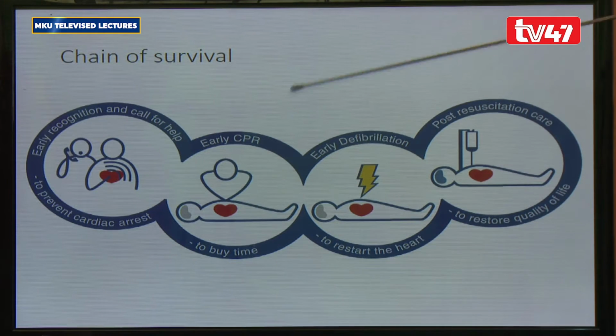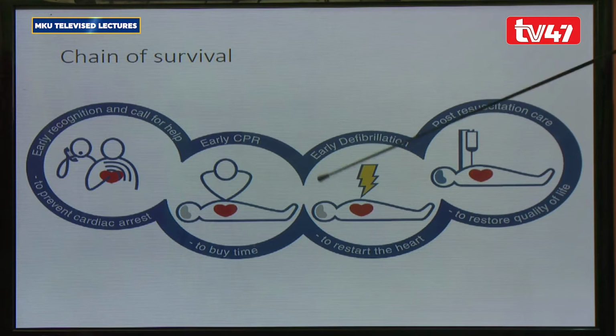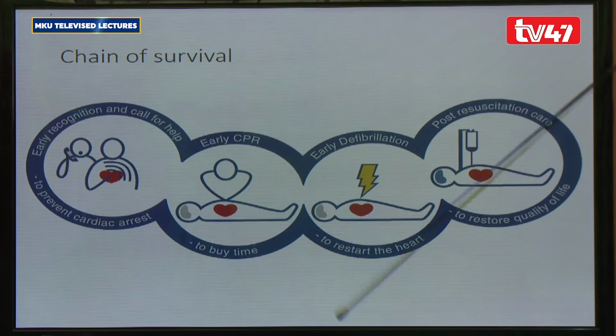The third circle involves our key focus, our organ of pumping blood, right? The heart. How best can we sustain cardiac activity? And that involves defibrillation. If there's a trained medical provider, are they able to come on board, use a portable defibrillator to restart the heart in case there's cardiopulmonary arrest?